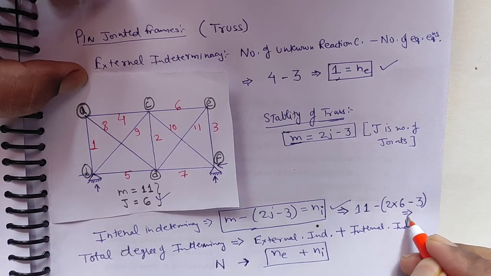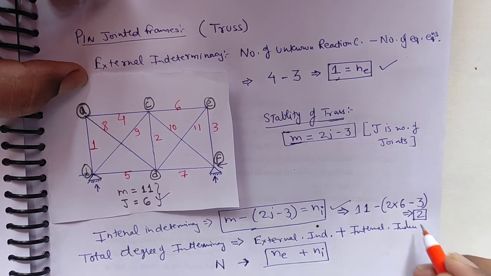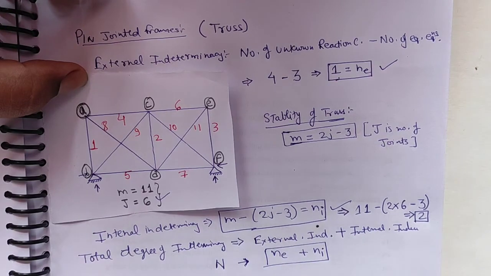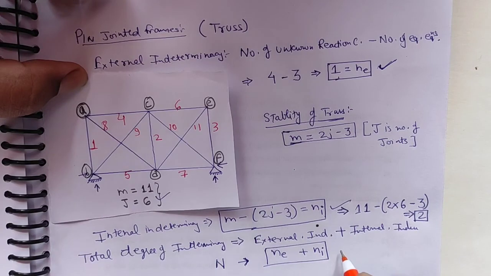After solving I get the internal indeterminacy as 2, and the external indeterminacy I got is 1.